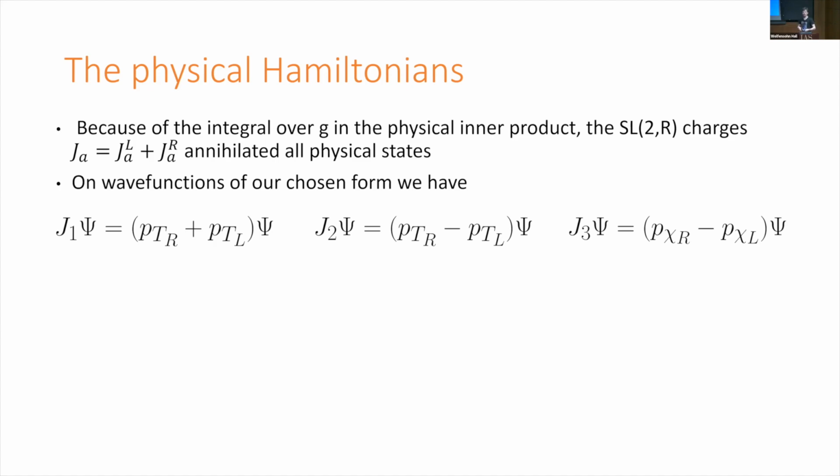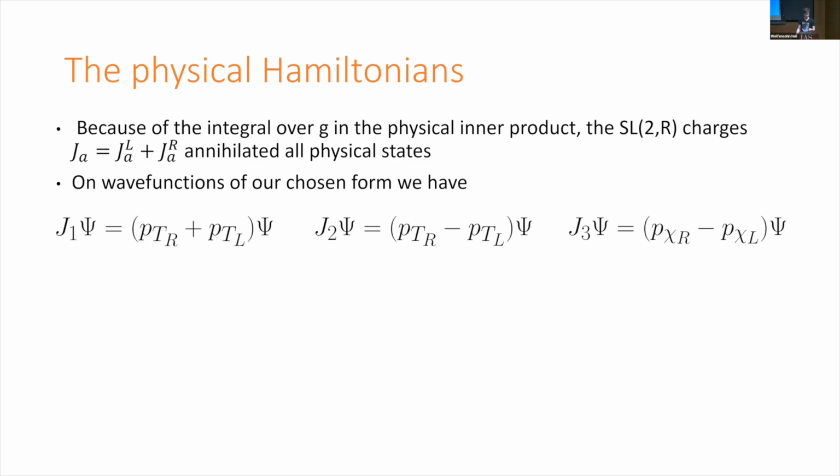Those can be replaced by 0 without changing anything in physical inner products. Remember we had these forms for the right Hamiltonian and the left Hamiltonian that were not equal to each other, that involved these PTRs, PTLs, and so on. We can substitute in, replacing, say, a PTR by a minus PTL or by a plus PTL. So we can just delete those terms using these things because these annihilate.